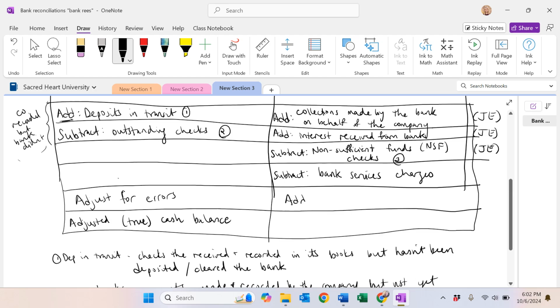If there were any errors made, we're going to adjust for errors on our part. And then finally, we get to that adjusted or true cash balance. And these will always be the same. If not, then something was wrong. These will always equal.